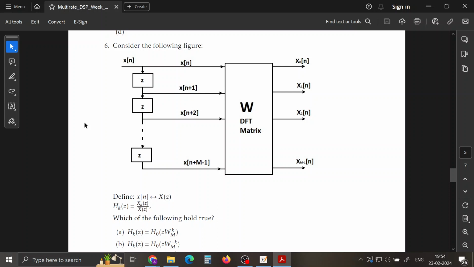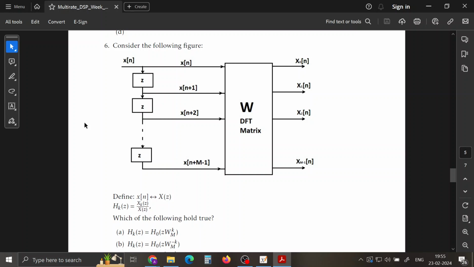This is a DFT matrix of dimension capital M by capital M. It's a square matrix, and the DFT matrix was discussed in the lectures as well. How does it look? Basically, you take the mth complex root of unity if it's an M by M DFT matrix, and you can form the DFT matrix in a nice structure.